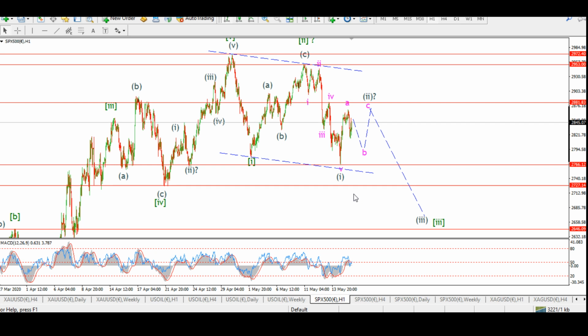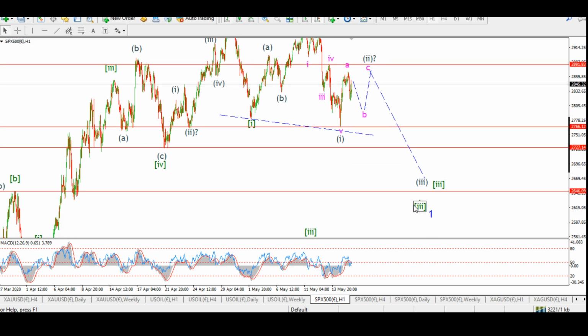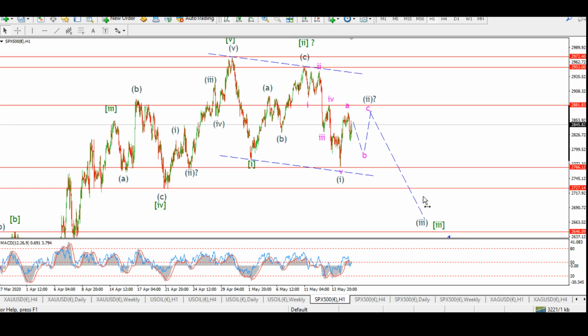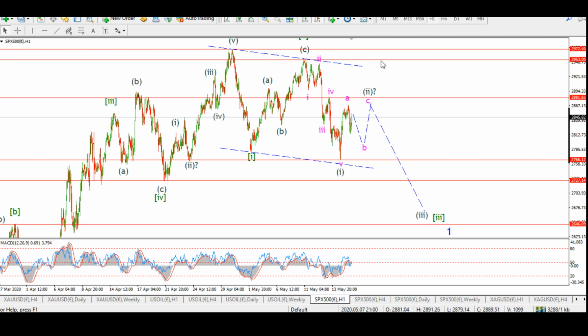But anyway, this is the wave count I'm working with. It's a lower degree 1-2 wave, which should lead to an acceleration lower in wave 3 of wave 3. And if this wave 3 of 3 comes, I think that'll blow out any harbored hopes of a continued rally.